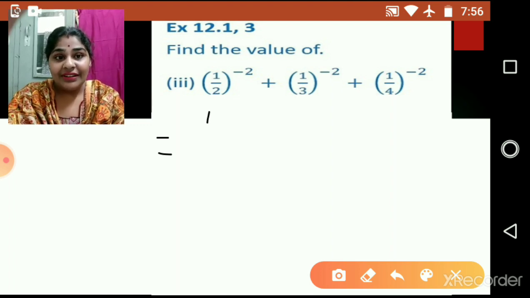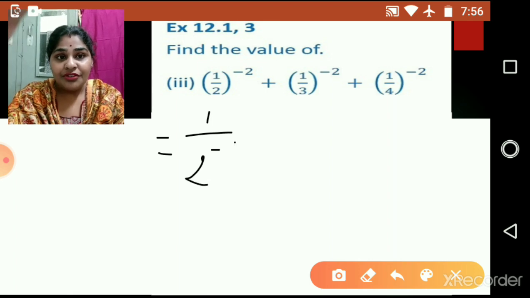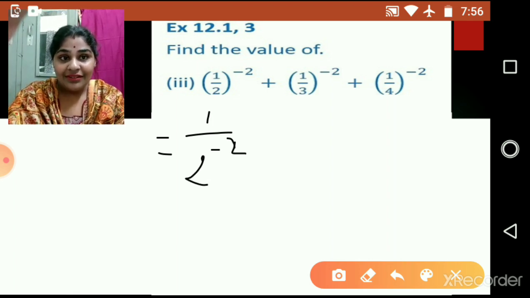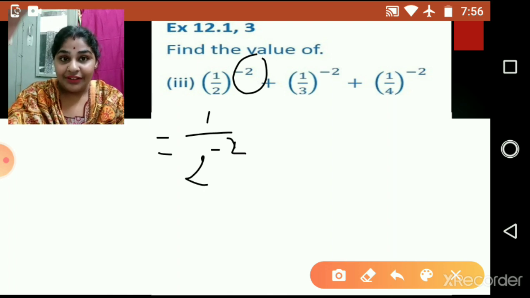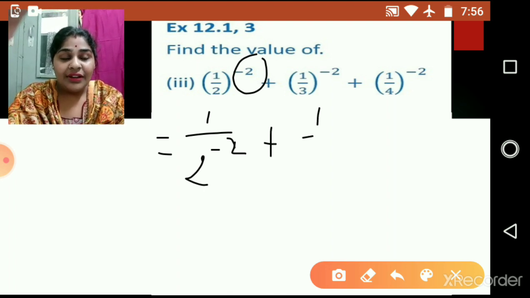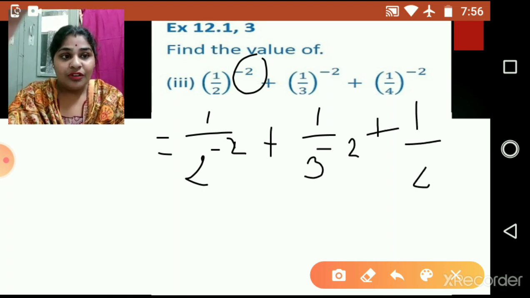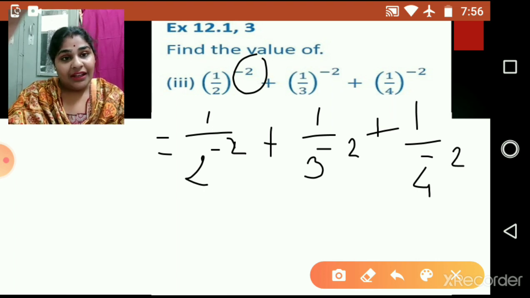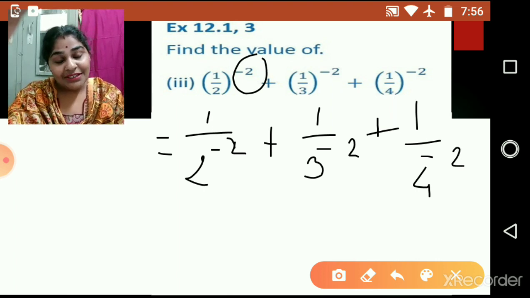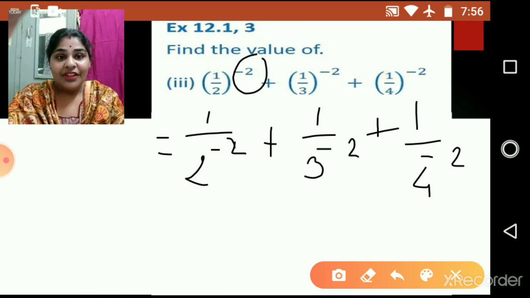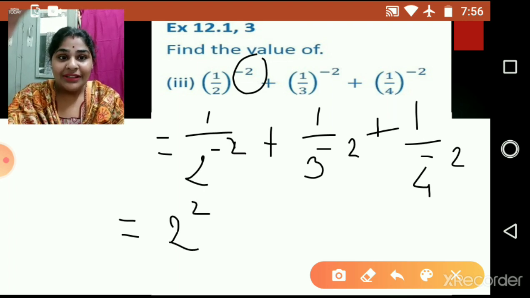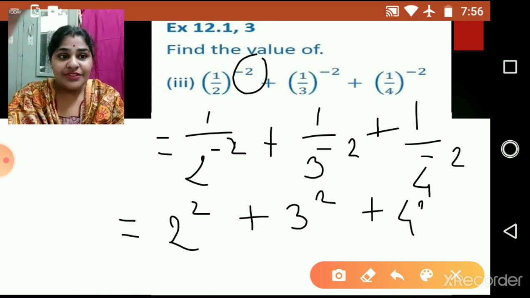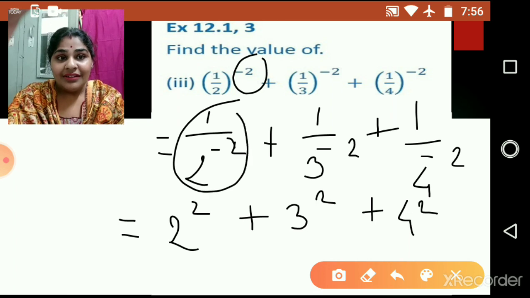So I can directly write 1 upon 2 raised to negative 2, for the whole numerator and denominator, plus 1 upon 3 raised to negative 2 plus 1 upon 4 raised to negative 2. And I know now 1 upon a raised to negative m is equal to a raised to m. So using that law, I can directly write 2 raised to 2, that is 2 square, plus 3 square plus 4 square. I have directly taken the reciprocal of this.